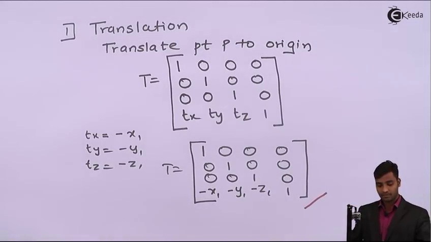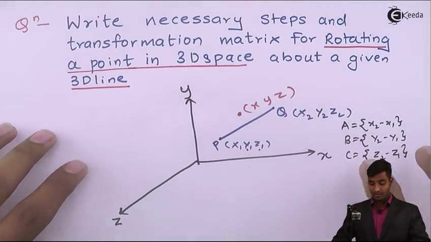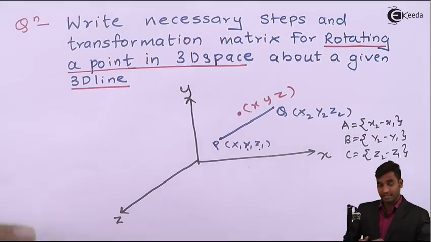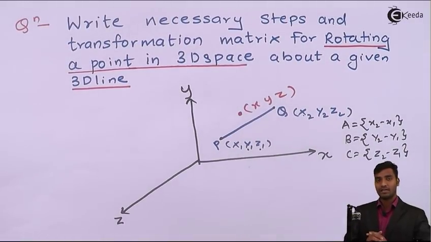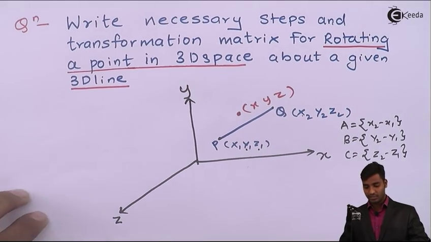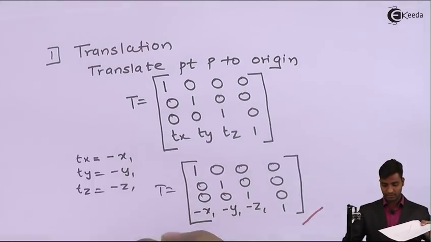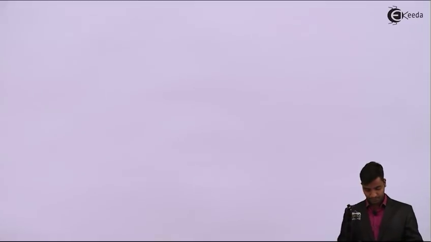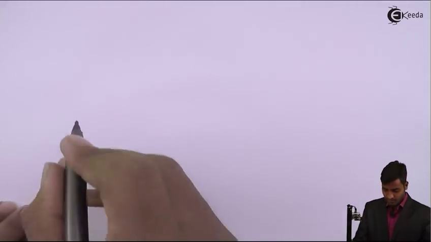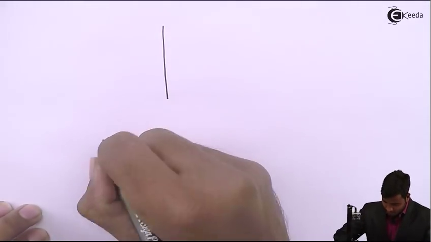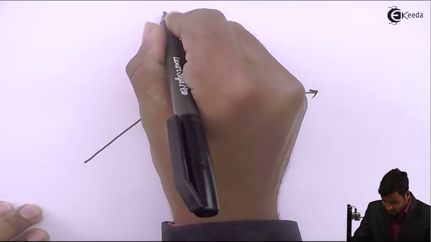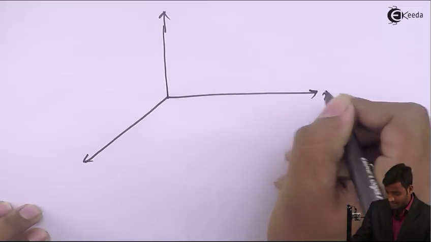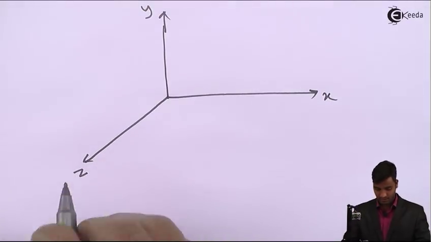Now initially the figure was in this way. After performing the translation transformation, the figure will be transformed into this figure, which I will draw now. This is x, y and z.